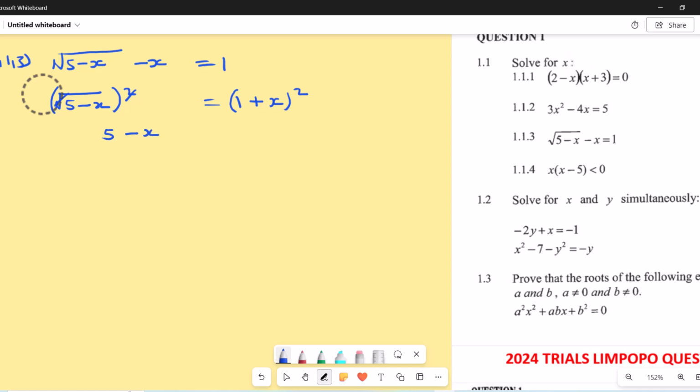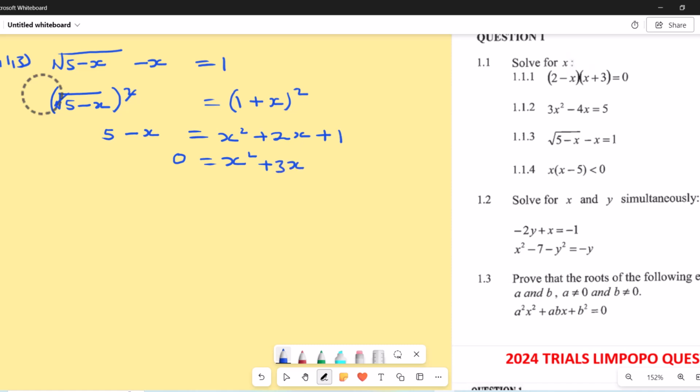Equals, when you square this one here, you get x squared plus 2x plus 1 squared, which gives us 1. So we are going to form the standard quadratic equation: x squared. Now the 2x, and this negative x becomes positive, so it makes 3x, because 2 plus 1 is 3.